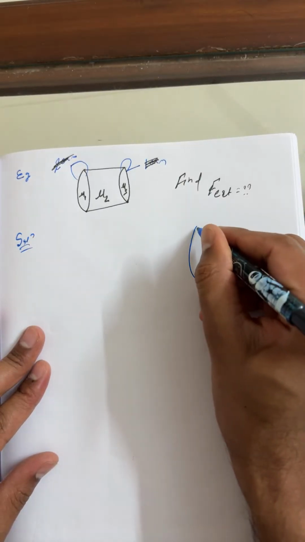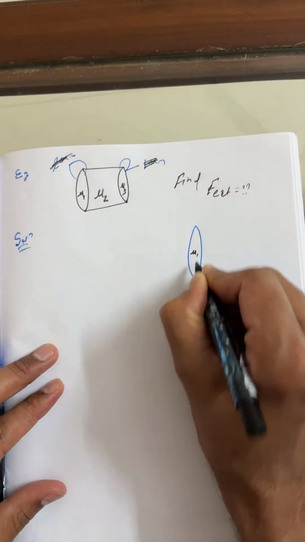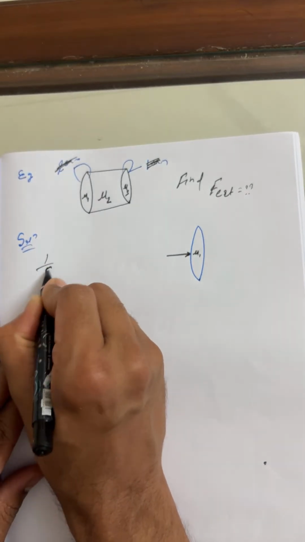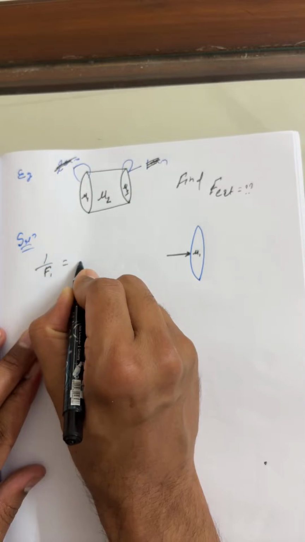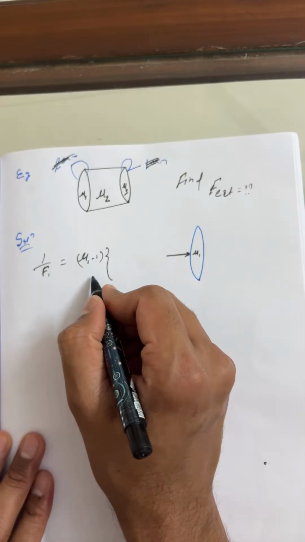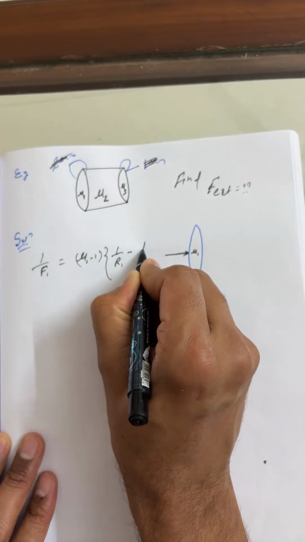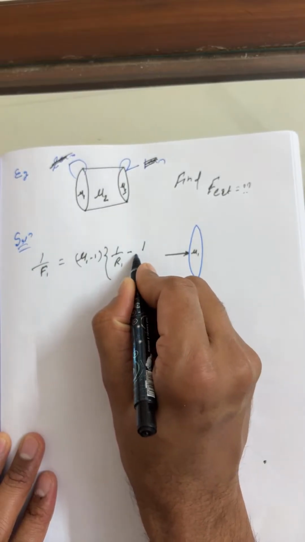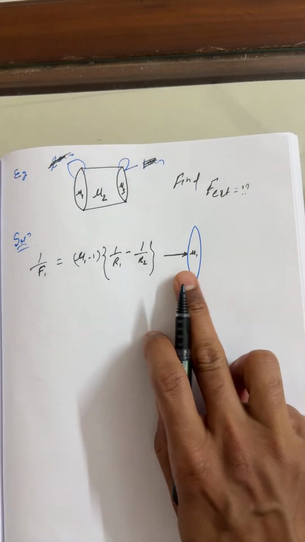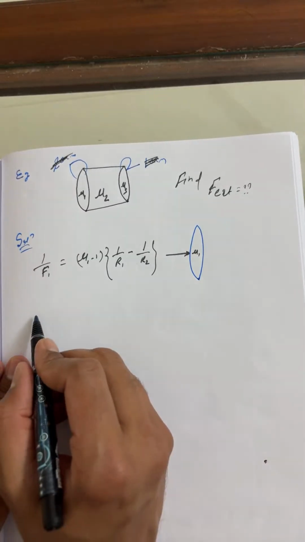So this is mu1. So 1 upon F1 is equal to mu1 minus 1 into 1 by R1 minus 1 by R2, because this is the lens here, right? I just wrote the formula only, not the entire thing, students.